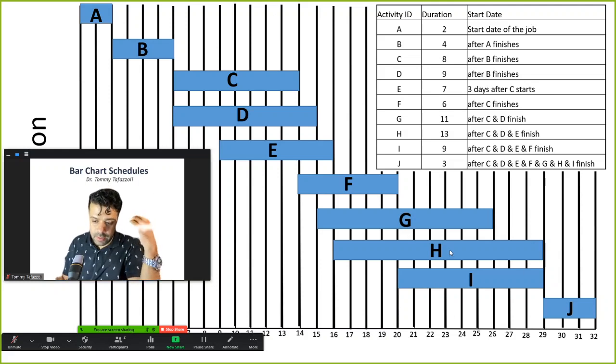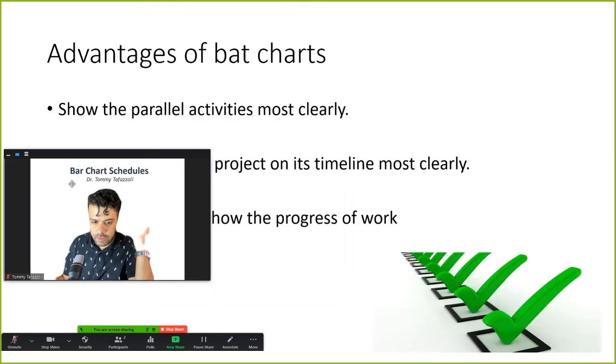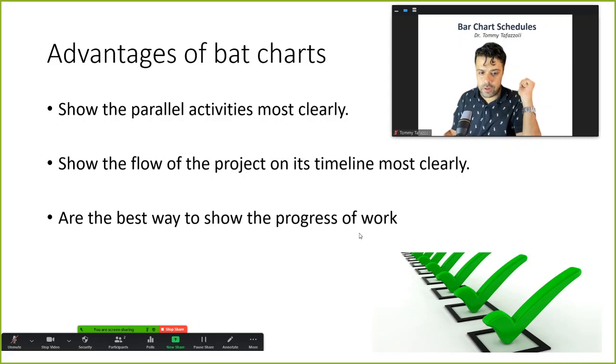Now, these activities could have different numbers of resources. For example, H could use only two resources, while G could use 6 different people. So that also depends on the number of resources each activity takes. Advantages of bar charts are they show the parallel activities most clearly, and they show the flow of the project on its timeline most clearly.